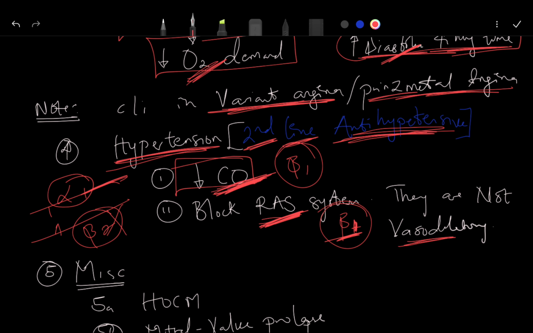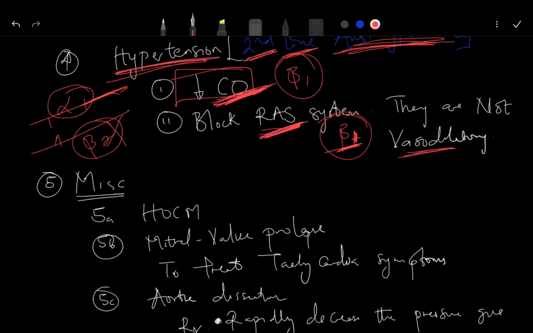That's why you will not notice any significant vasoconstriction when you are giving the patient beta blockers for hypertension. The main role of beta blockers in hypertension is to decrease the cardiac output, not necessarily the vessels. That's why they are not first line. They are rather second-line drugs for hypertension.